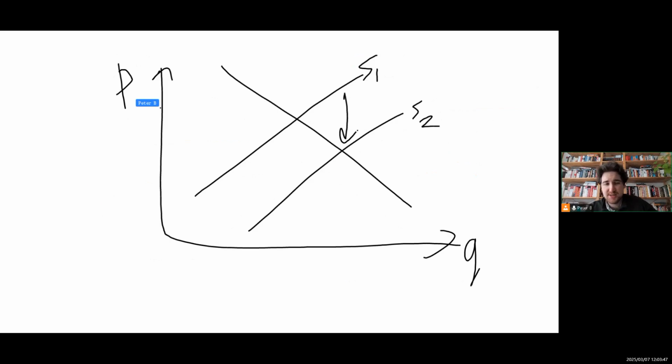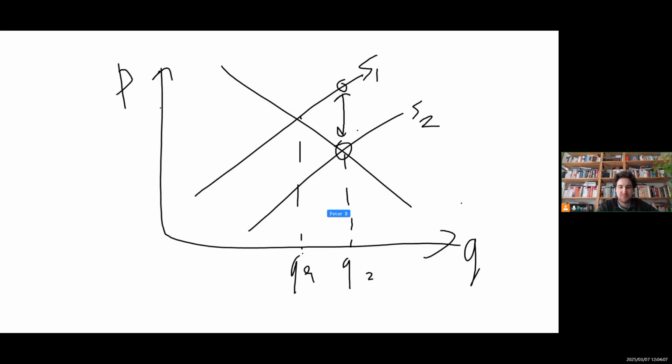It's going down in the price axis. So they are moving it so that they're going to make up the difference between down here and up here. And they're going to therefore move the equilibrium quantity from here to here. That's one way of thinking about it.